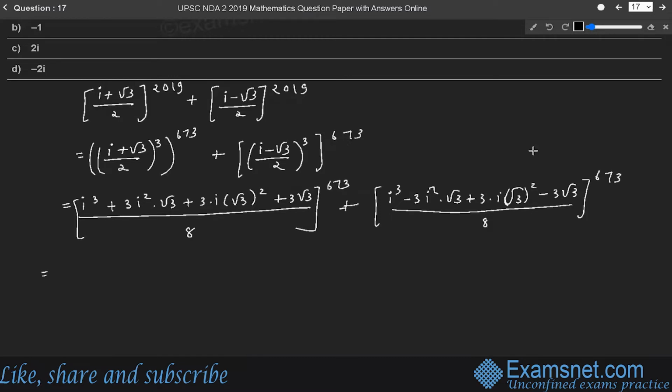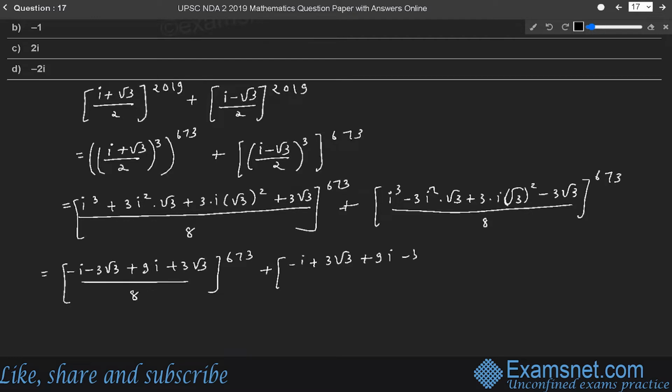So this will be equal to minus i minus 3 root 3 plus 9i plus 3 root 3 divided by 8, whole power 673, plus minus i plus 3 root 3 plus 9i minus 3 root 3 divided by 8, whole power 673.